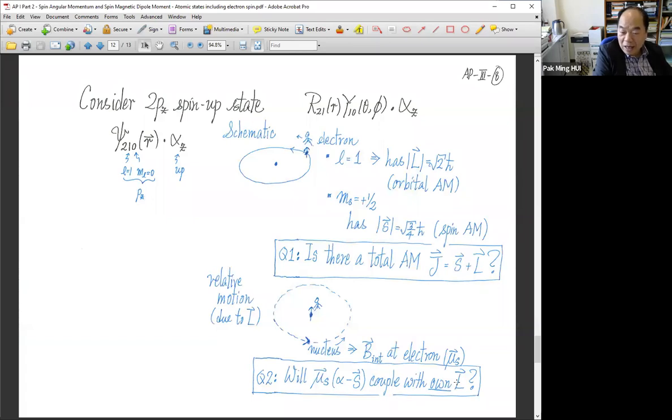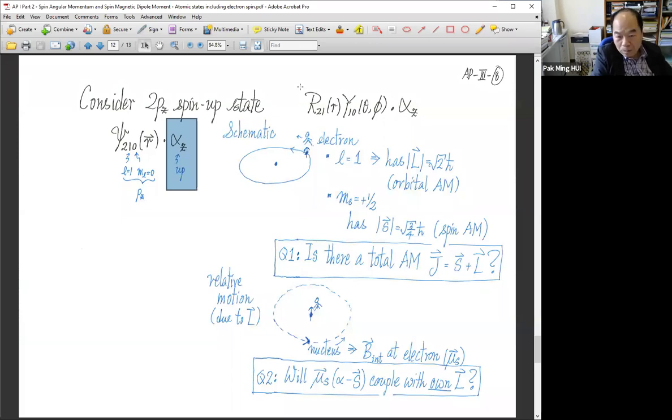Now, with this idea, it started to motivate us to think about two questions. Let's think about it this way. How about 2PZ? That is 2, 1, 0, okay? And now, how about spin up, for example? Then we have this 2, 1, 0, that is 2PZ up, okay?